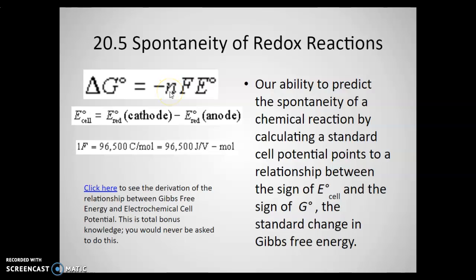If it's 2, 3, 4, and so on. That also equates to 96,500 joules per volt-mole, so volts and moles are multiplied by each other in the denominator. That's how you get an energy term in joules or kilojoules from an electrochemical cell potential in volts. Faraday's constant is the conversion factor.